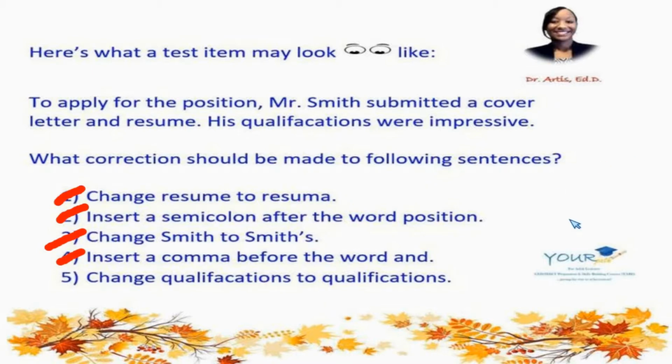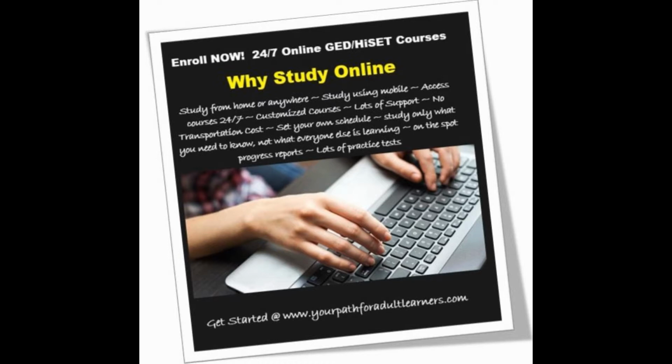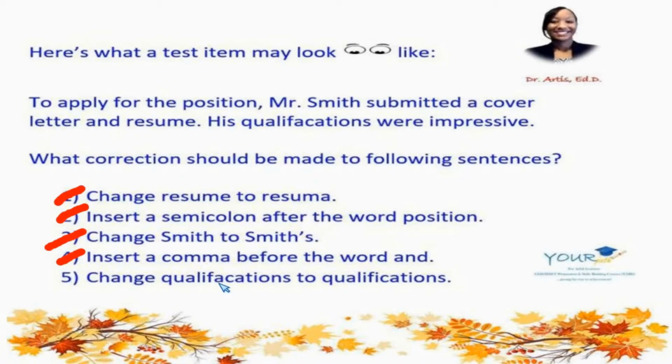When we look at option number 5, we have change qualifications to qualifications. And here we're also being asked to look at the spelling of a particular word. Here we have an A, and here we have an I, in the word qualifications. This word is spelled incorrectly, and we have this word presented in our sentence.